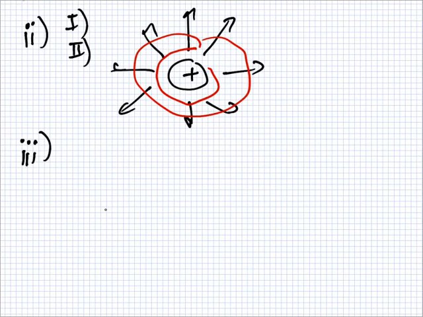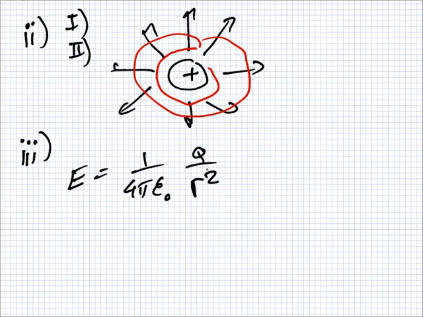Determine the electric field strength at a distance 5 centimeters from a 4 microcoulomb charge. Okay, so what's the formula for electric field strength? That's 1 over 4 pi epsilon 0 Q over r squared, isn't it?